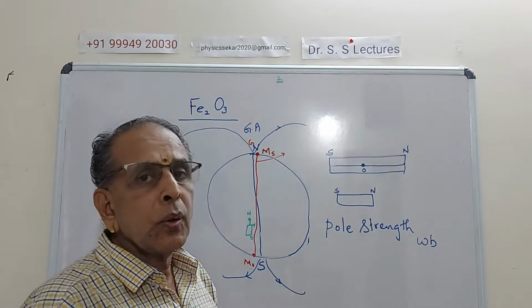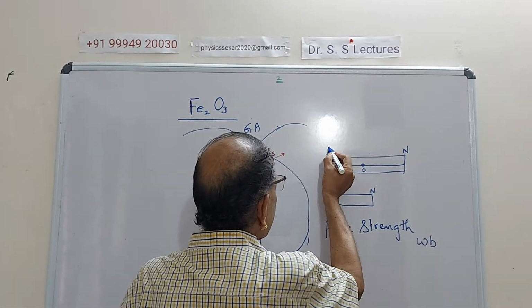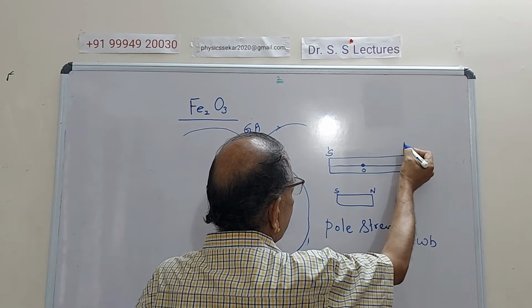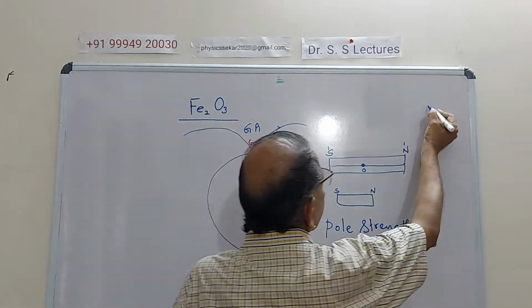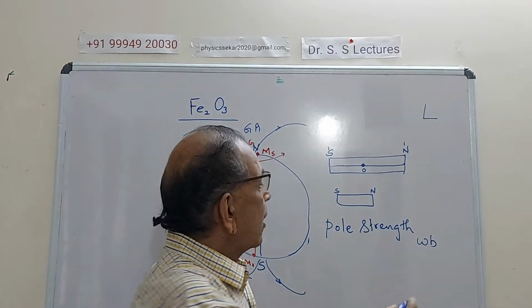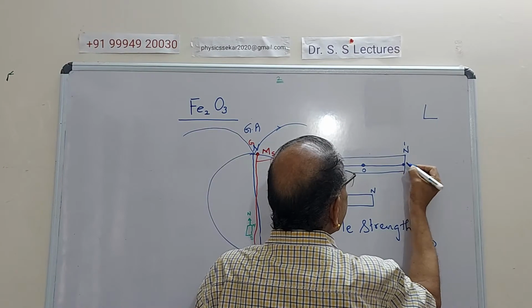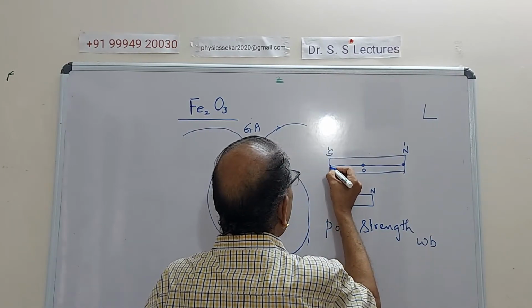And actually, when you define the physical length, the geometrical length of this magnet, if you take as L, the magnetic poles are available slightly in the interior portion of this magnetic structure.